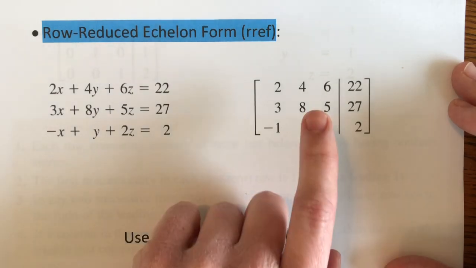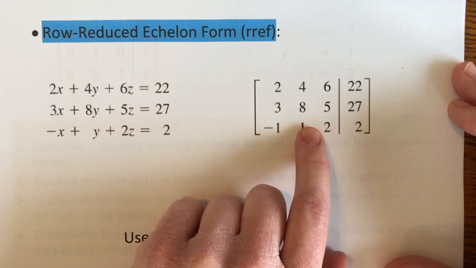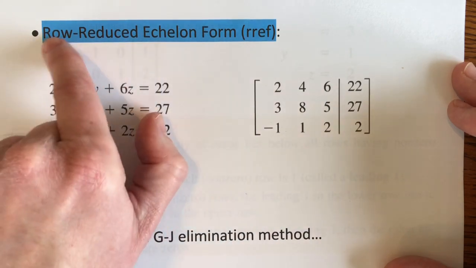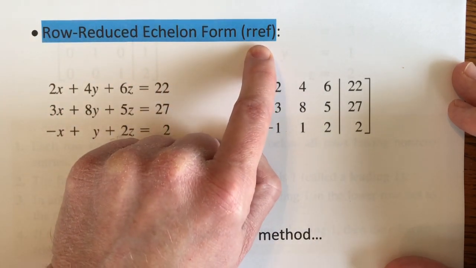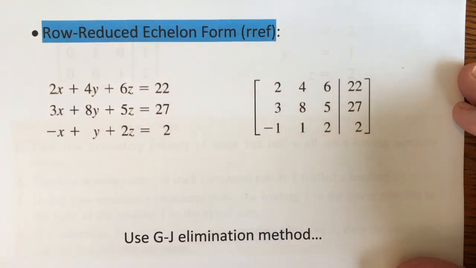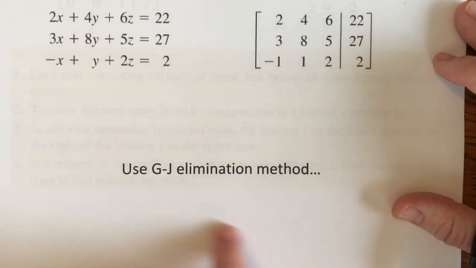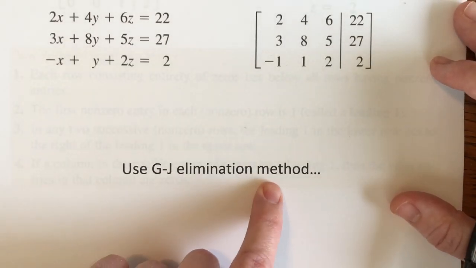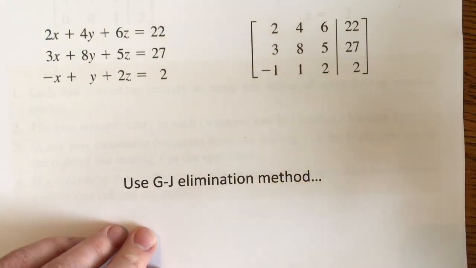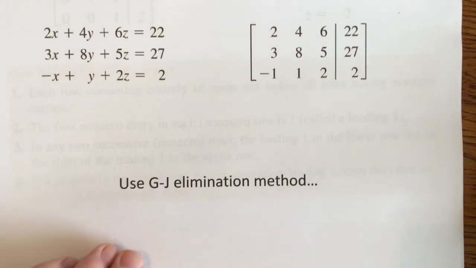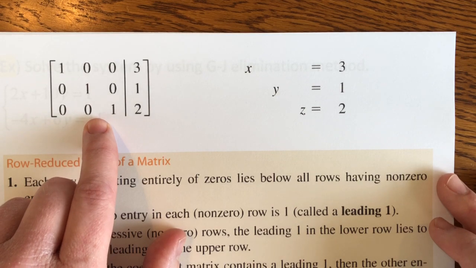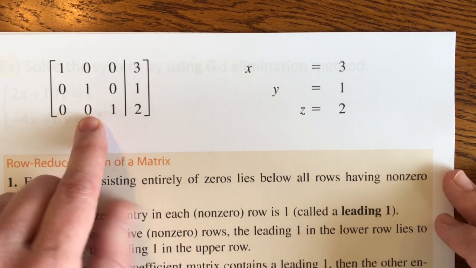Our goal is to rewrite this matrix into what is called row reduced echelon form, or RREF for short. So to do that, we will use the Gauss-Jordan elimination method, which again, I will go over with you several times, to ultimately get our matrix in this form.